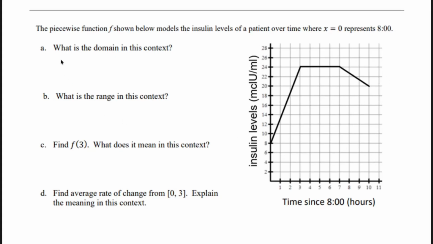So my domain is going to be from 0 to 10, which represents 8 o'clock to 6 o'clock. So you choose the answer you want. My range is going to be from 8 all the way up to 24 and including, so 8 to 24.